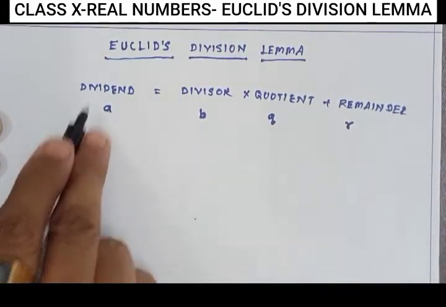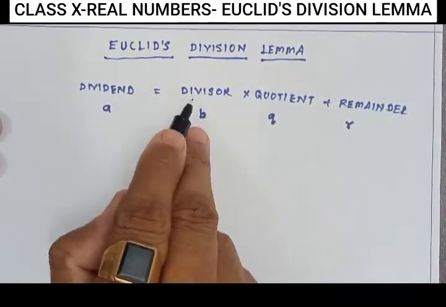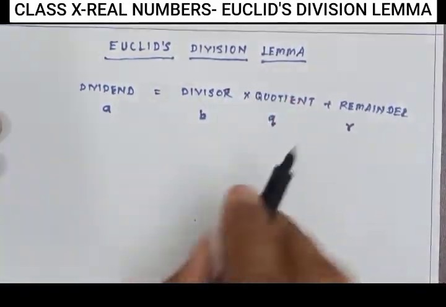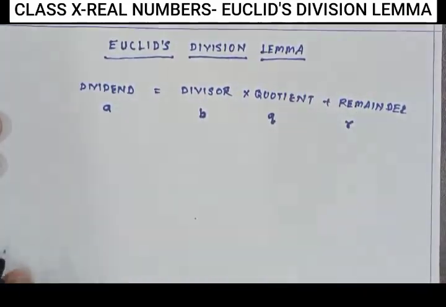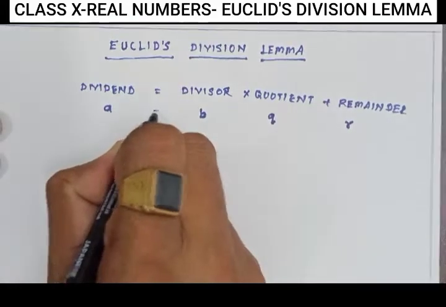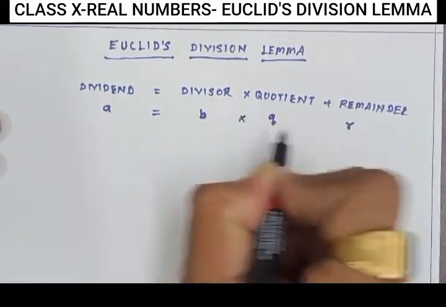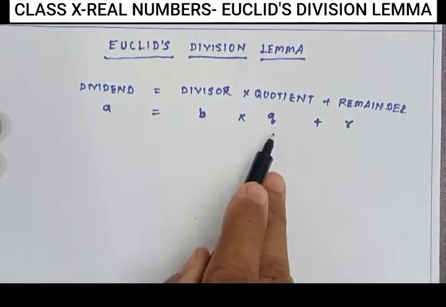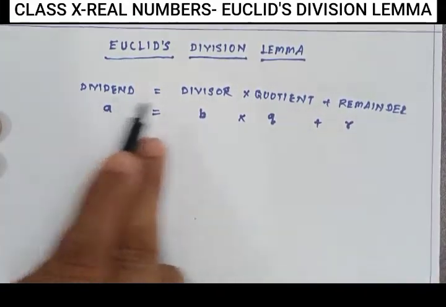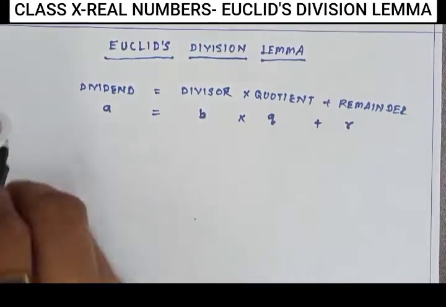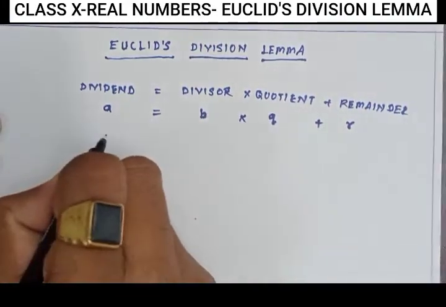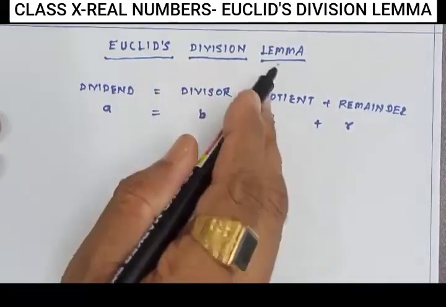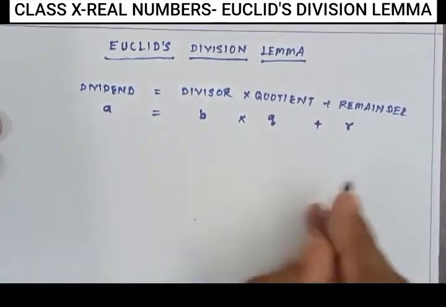So A is our dividend, B is our divisor, Q is our quotient and R is our remainder. So A equals B into Q plus R, that is dividend equals divisor into quotient plus remainder, is nothing but Euclid's division lemma, which has some conditions.